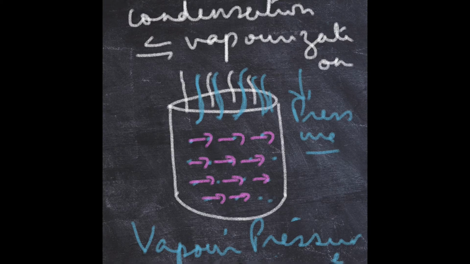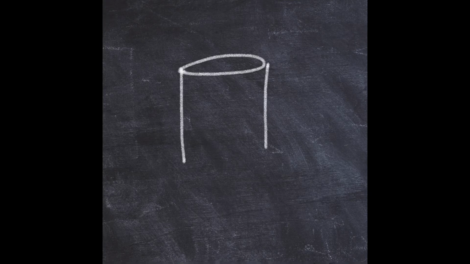Now, what is actually lowering of vapor pressure? Let's understand that. In this beaker which we had taken, initially you just had solvent particles, and these solvent particles were free to move about throughout the length and breadth of the beaker.